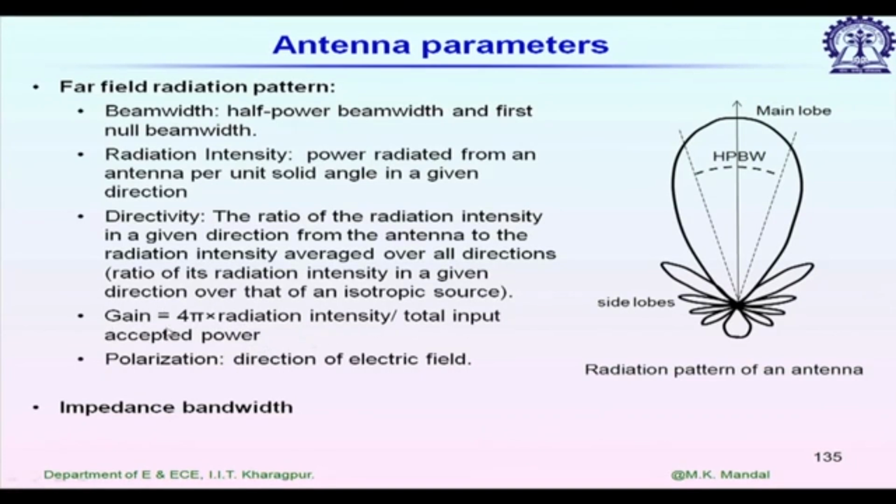Now, the usual gain definition does not consider the loss due to input reflection. Whenever we feed any antenna, at the feeding port there will obviously be some input reflection loss due to the impedance mismatch between the guiding structure and the antenna input impedance.